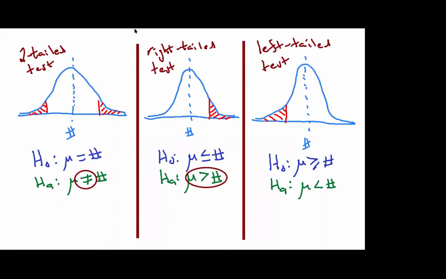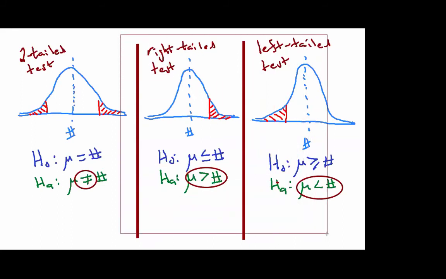Again, the focal point is on the alternative hypothesis, where the mean we're focusing on is hypothesized to be less than the value we're focusing on. If I were to highlight this even more specifically, these are the one-tailed tests.